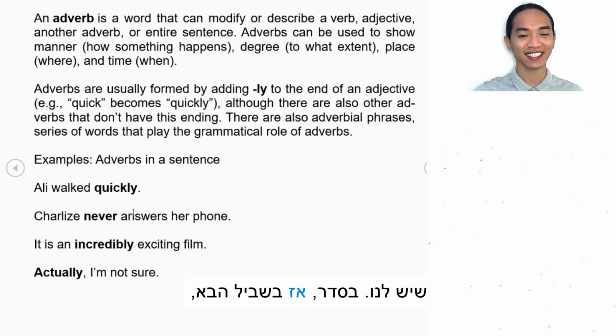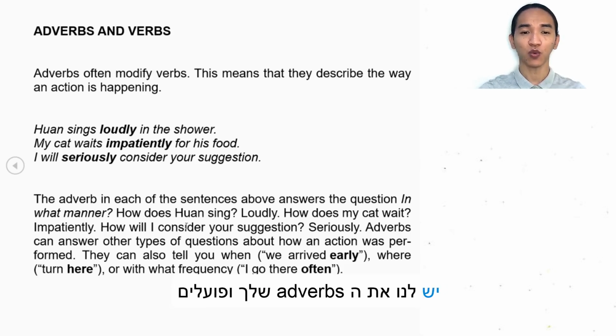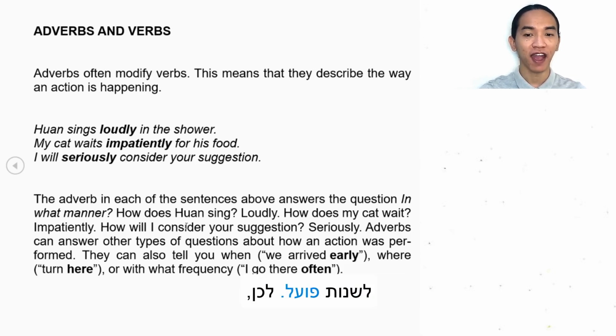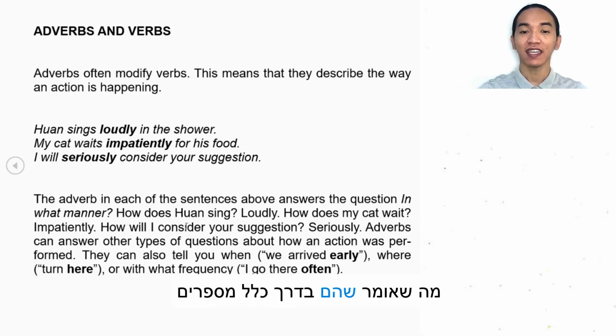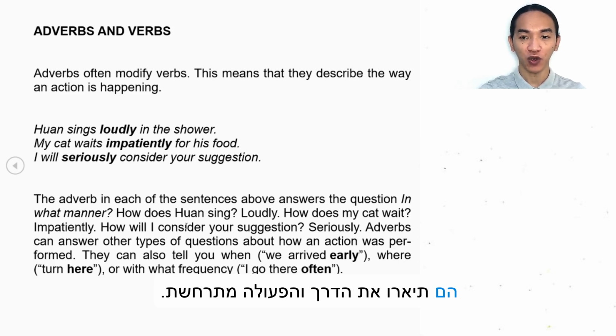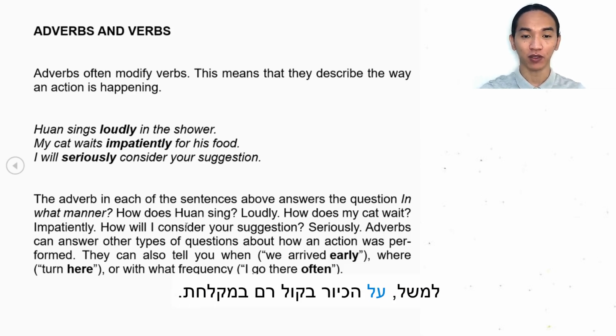All right? So for the next part, we have here the adverbs and verbs. Now, adverbs often modify verbs, so which means they usually tell something about our verb. So they describe the way an action is happening. Like, for example, Juan sings loudly in the shower.